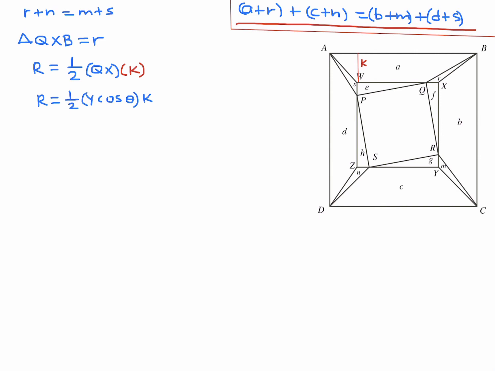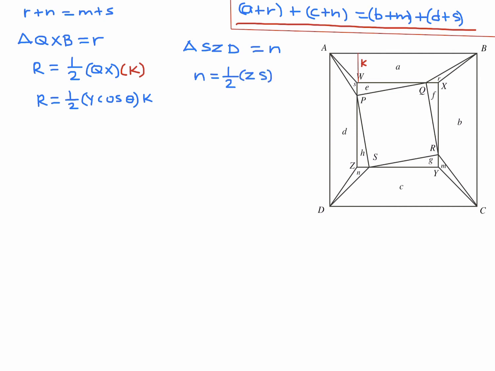All right. And then we want to do something similar to triangle SZD, this triangle right here. Now that is labeled as n. Now that area, n, is also 1/2 base times height. The base is ZS.